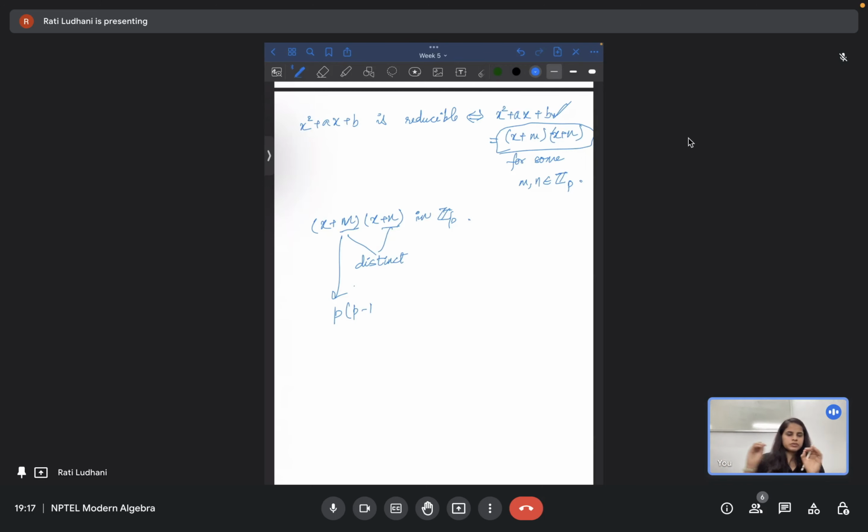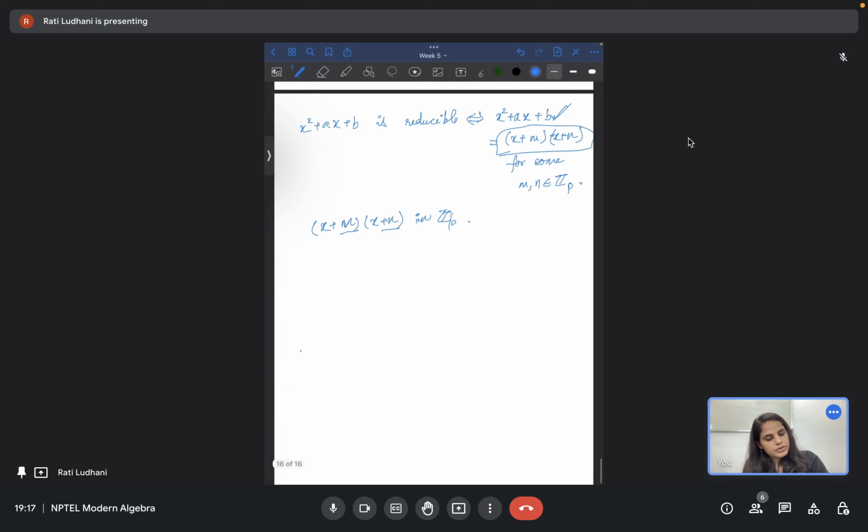For example, if m is 1, then n can be 0, 2, 3, 4, and if m is 2, then n can be 0, 1, 3, 4, and so on, p minus 1.